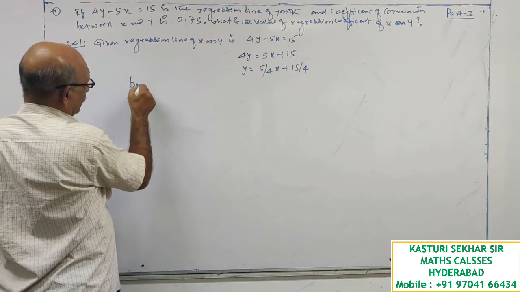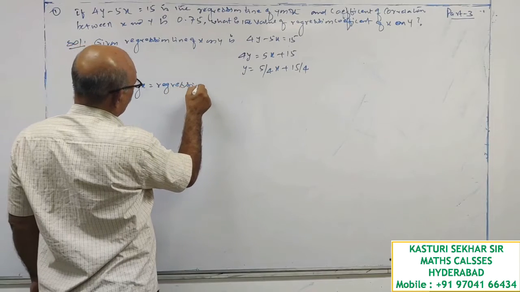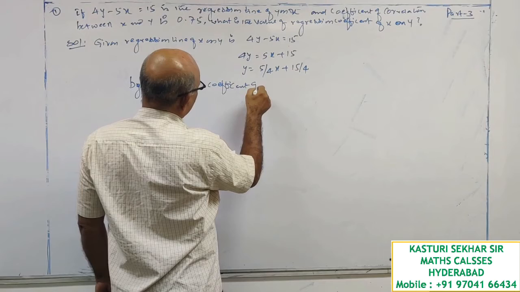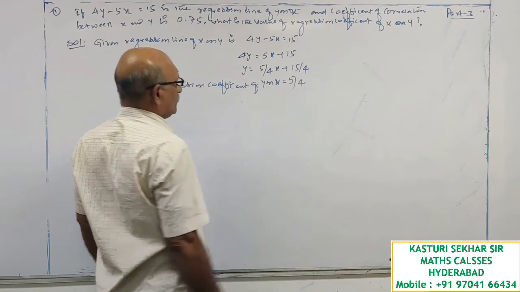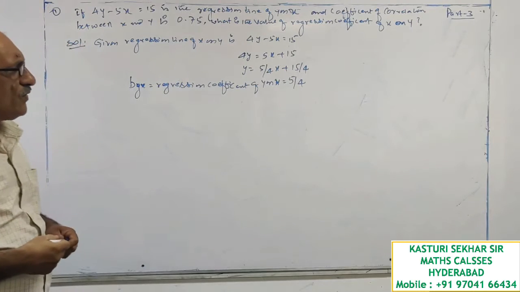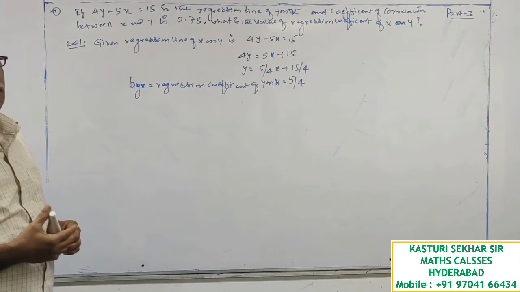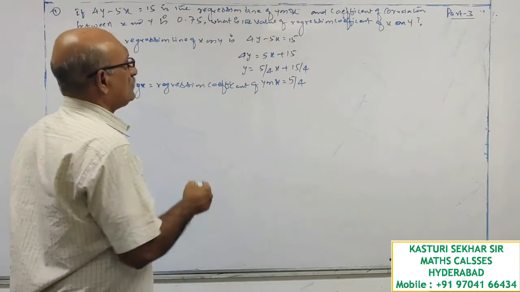Byx is equal to the regression coefficient of y on x. This is 5 by 4. It is a positive value, so Bxy is also positive, and r is positive.